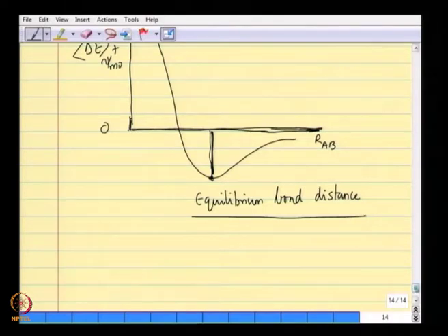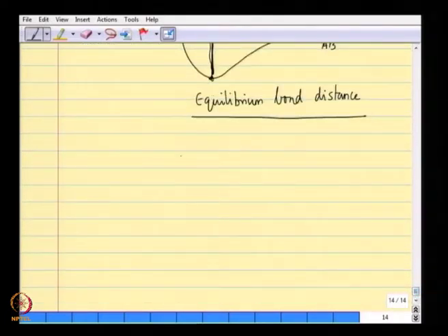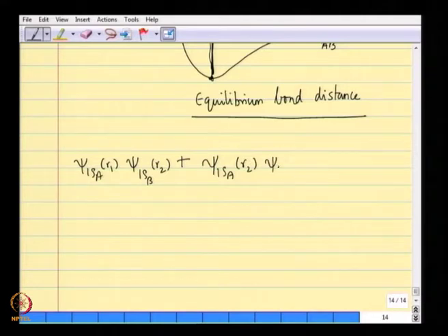We use the valence bond orbital with the plus between the two wave functions, namely R1 and R2. Psi 1s A R2, psi 1s B R1.